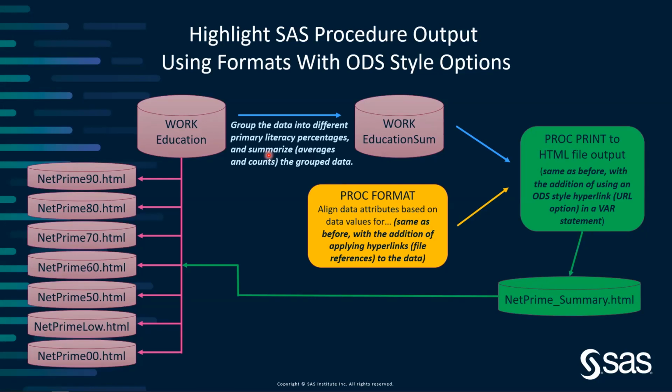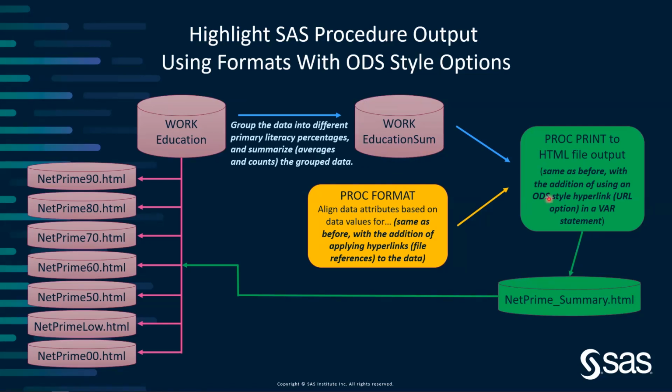As well, I want to get some grouped values. And so I'm going to get counts of how many rows went into each group, and then I'm going to take an average for the group of what that overall percentage is. So I'll have some summary data based on the groupings, and that's going to go into this work.education_sum data set.